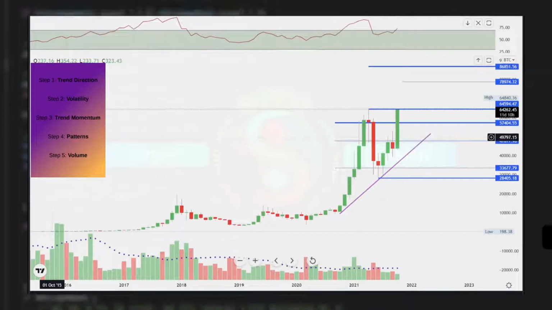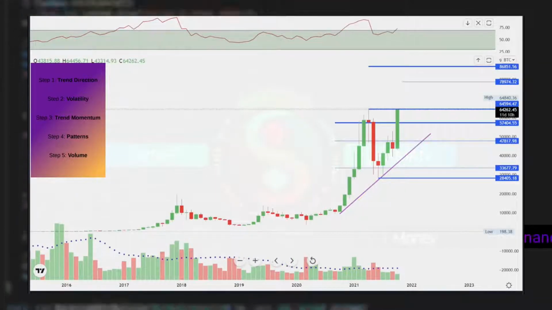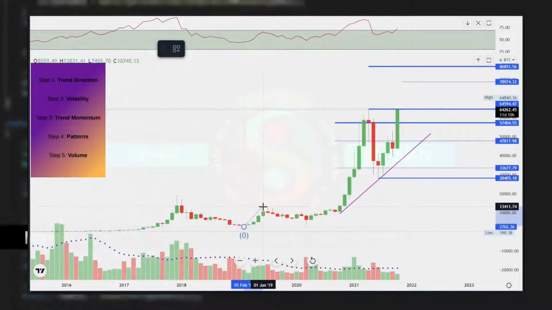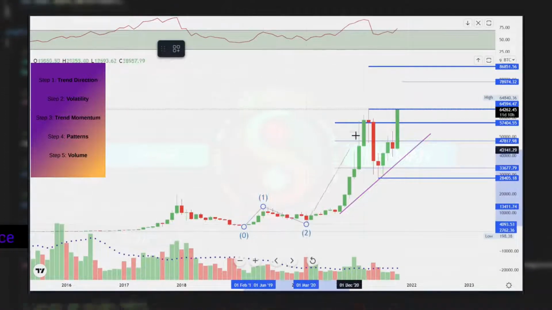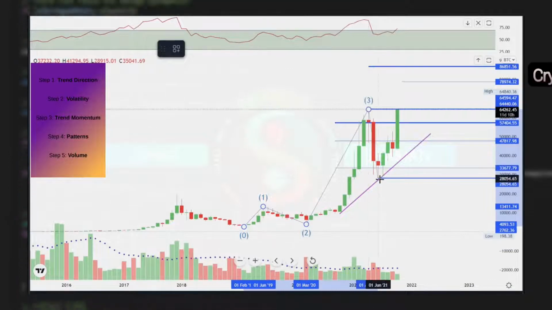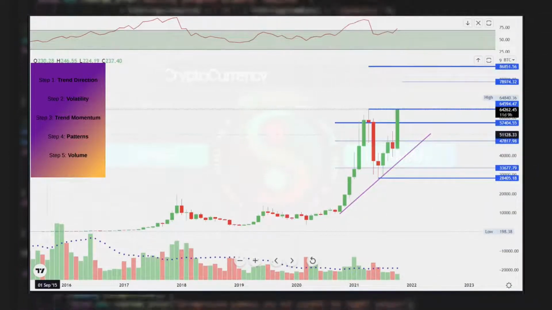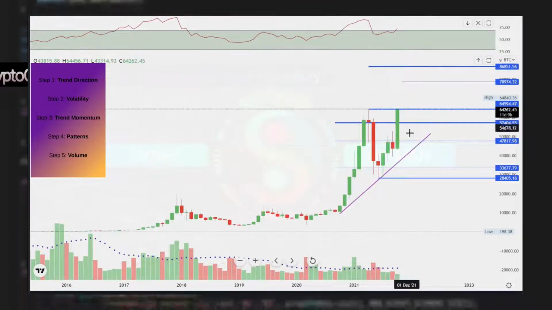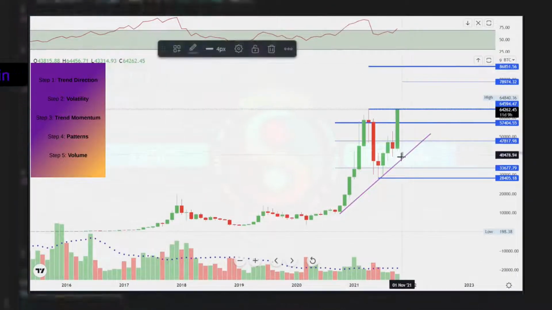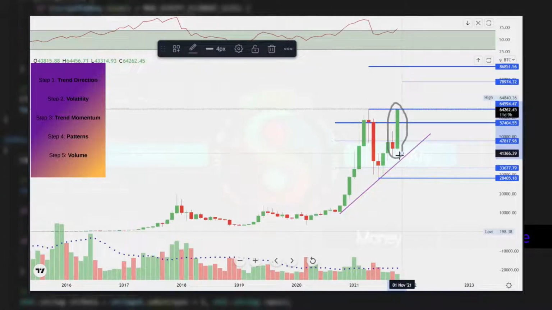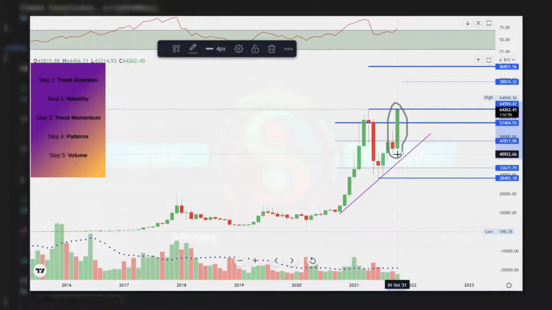Checking the Elliott waves, it looks like we are in the 5th wave of impulse. Checking the candlesticks, we can see these two candles are forming an engulfing pattern, which means the body of the second candle is covering the whole body of the first one.